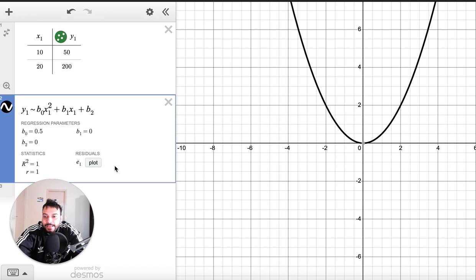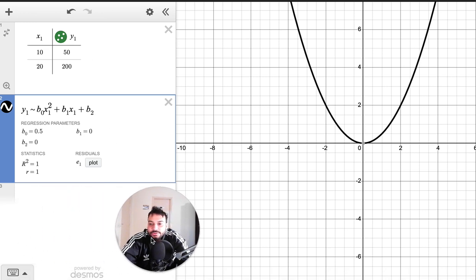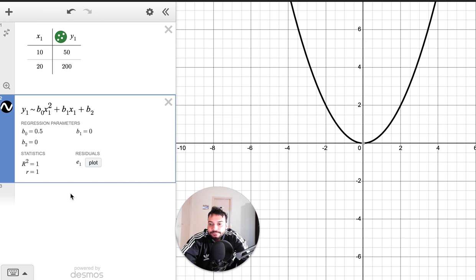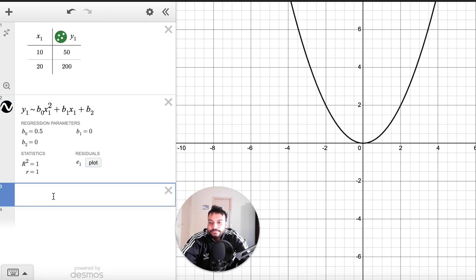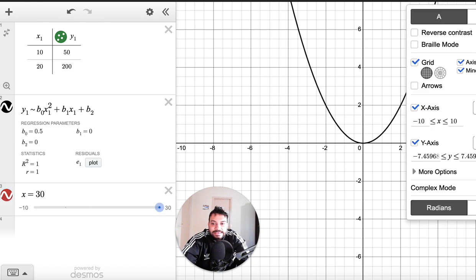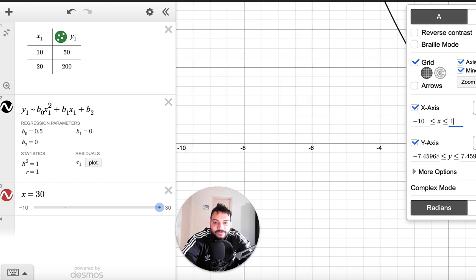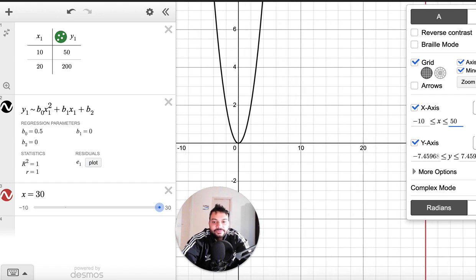Okay. And we need to check for x is equal to 30. X is equal to 30 seconds. So we'll need to adjust the x-axis here by a bit. So x-axis, let's put between negative 10 and 50.